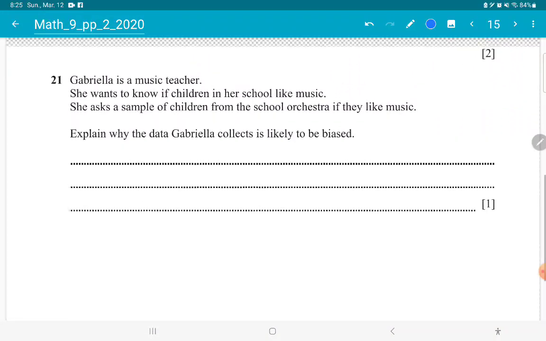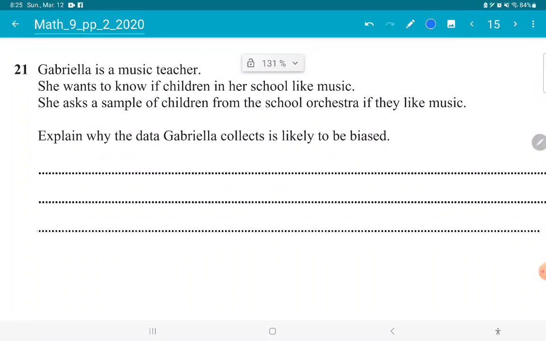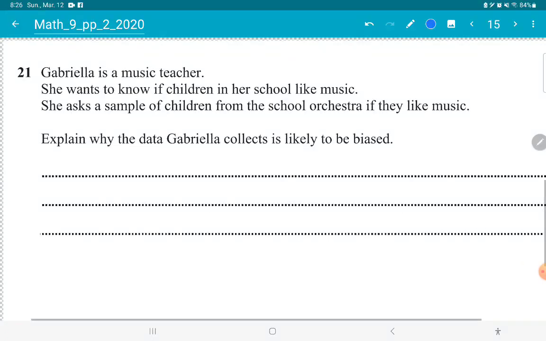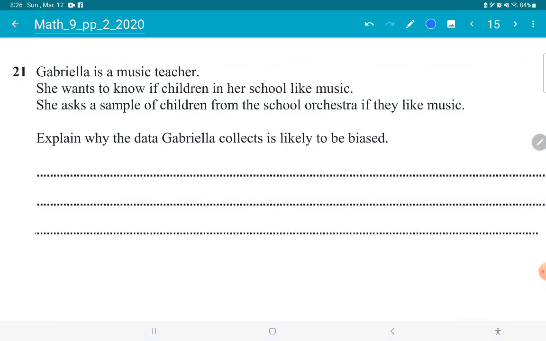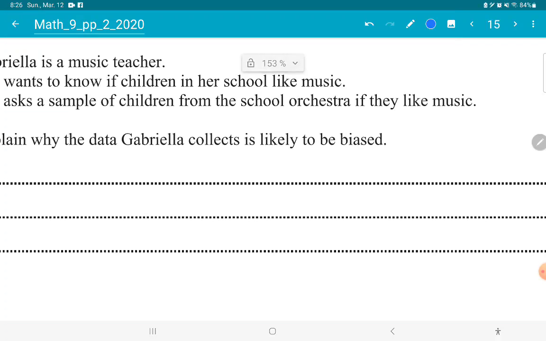And 21. Gabriella is a music teacher. She wants to know if the kids love that kind of music. And then she went and asked the school orchestra if they love music.